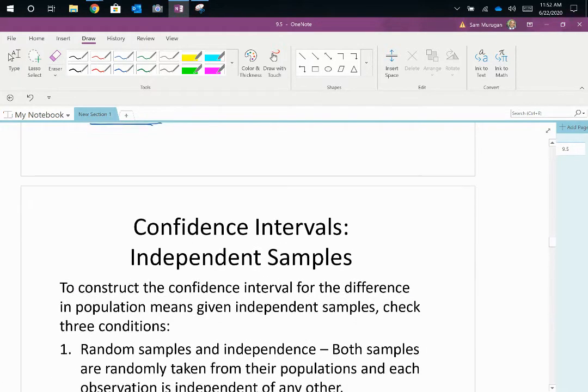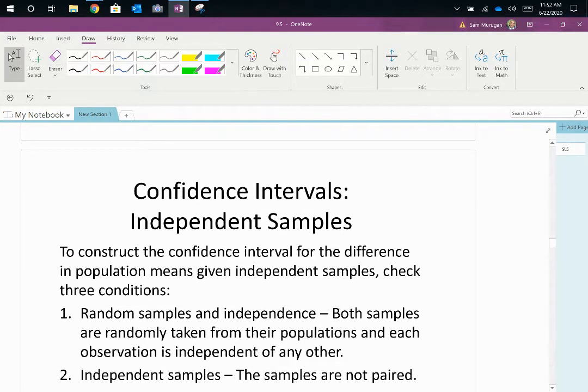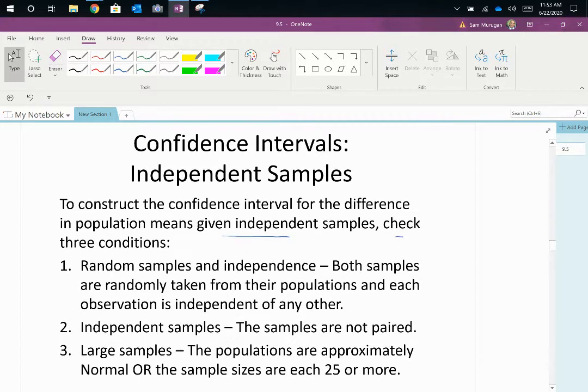Now, to construct confidence intervals for differences in population means given independent samples, we check three conditions. The three conditions have not changed. The samples are random samples and independent.